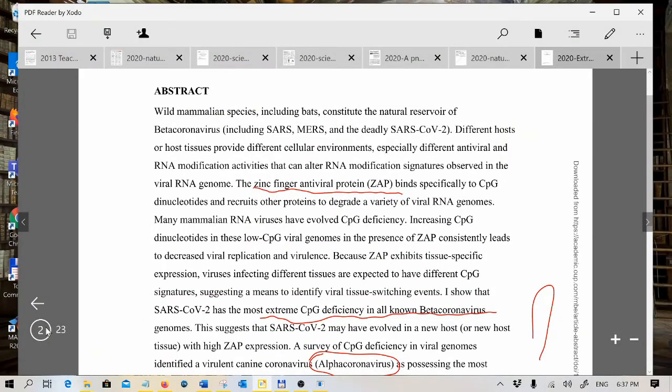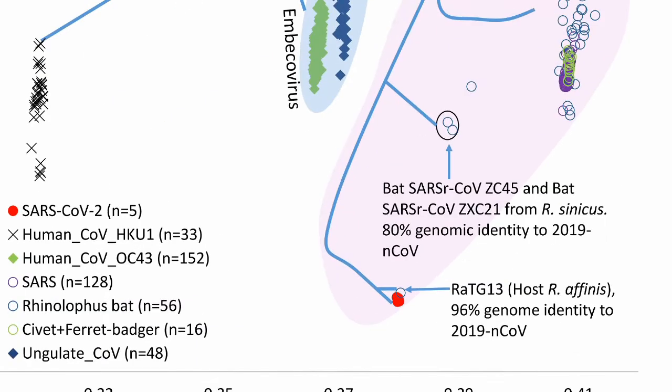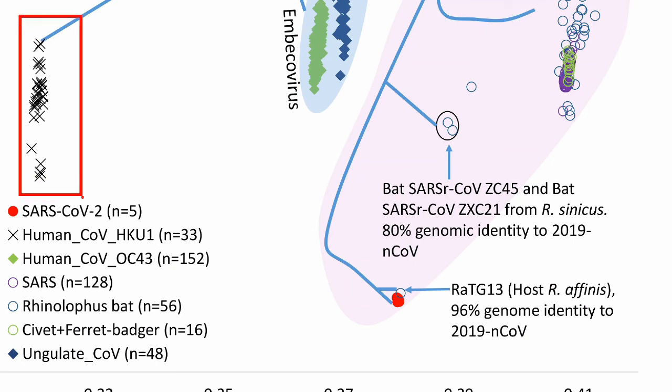Now if we look at the graphical representation of this, the extreme positioning is amazing. In comparison to the other coronaviruses, for example, the human-infecting HKU1, it doesn't show such low CpG.